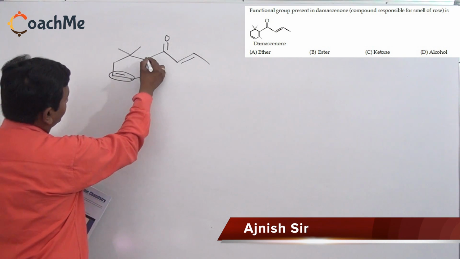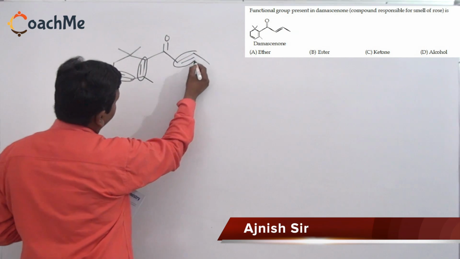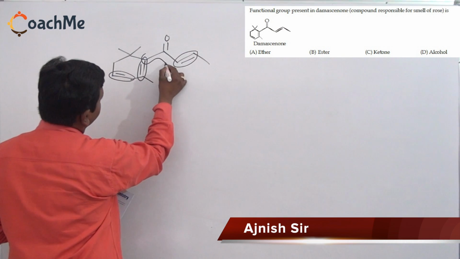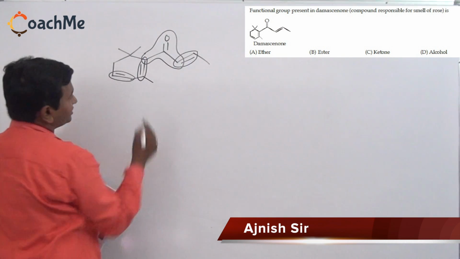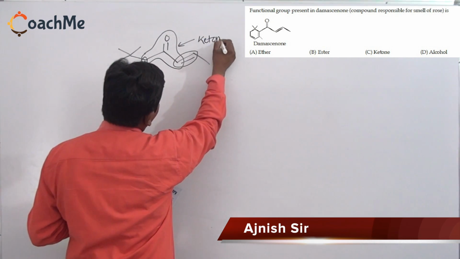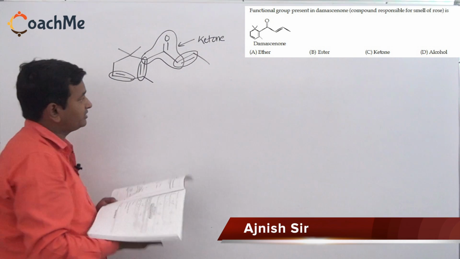Again a carbon-carbon double bond, again an alkene. This is a carbon-carbon double bond, it is an alkene. And C-C=O, this attachment is called a ketone. So the answer will be C.